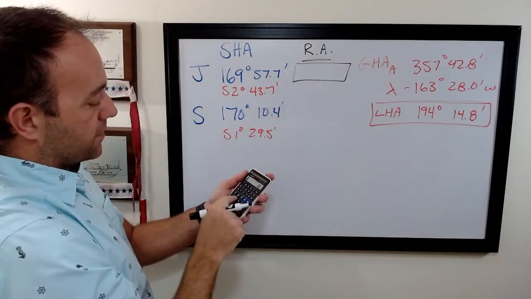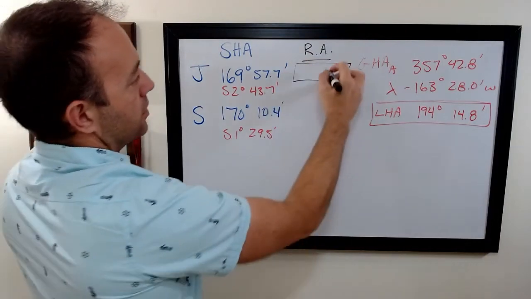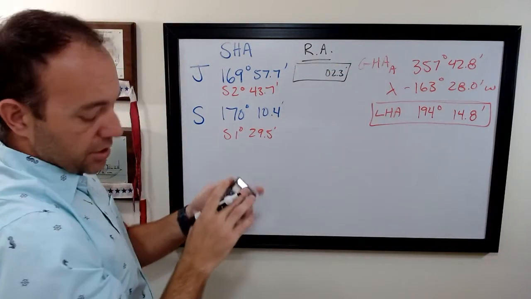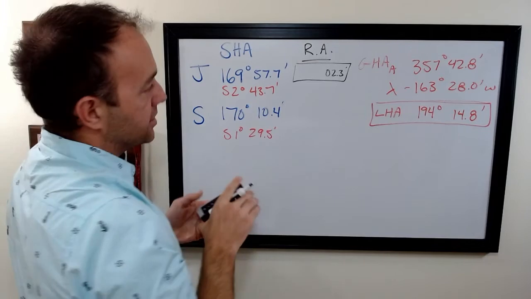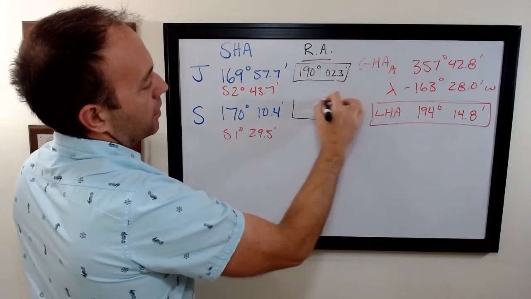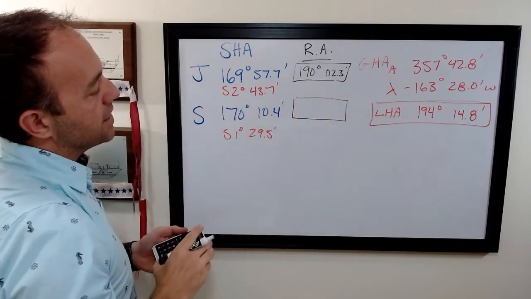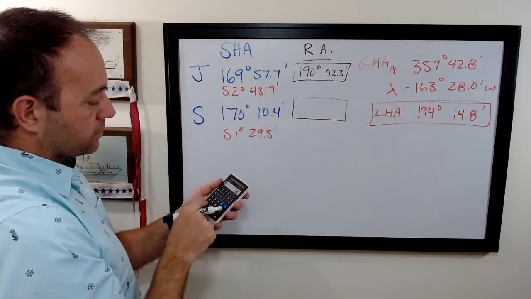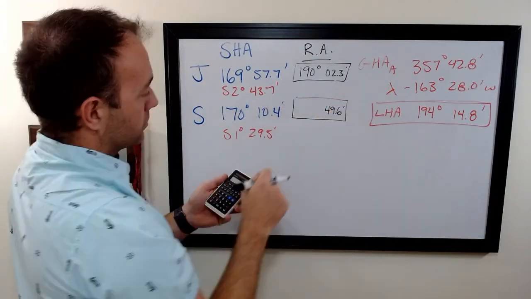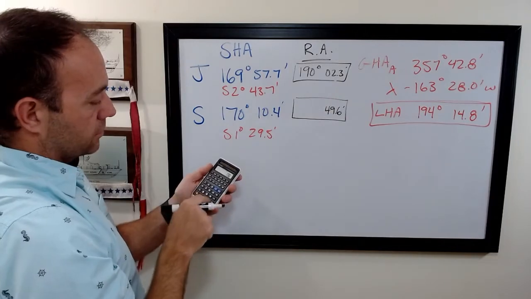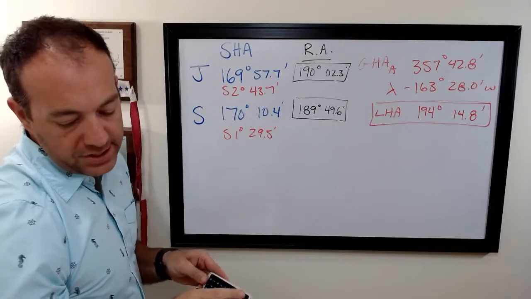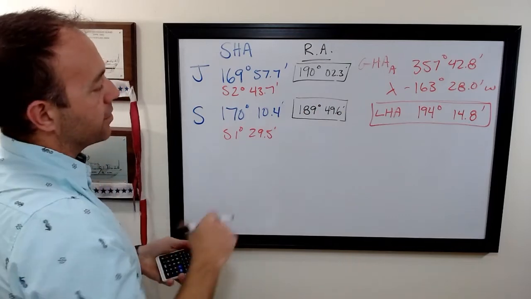Right, so 360 minus 169 degrees 57.7 gives 190 degrees, 02.3, which is the right ascension of Jupiter. 360 minus this will give us the right ascension of Saturn: 189 degrees, 49.6.